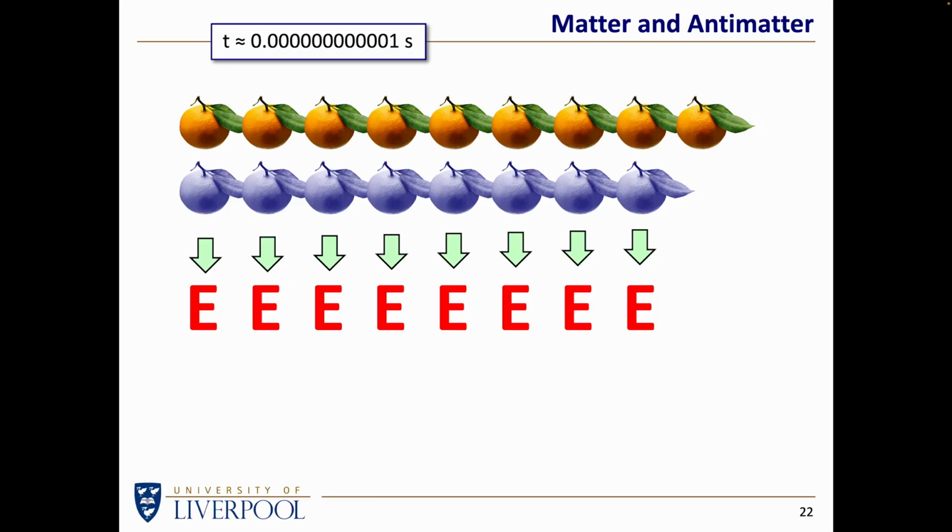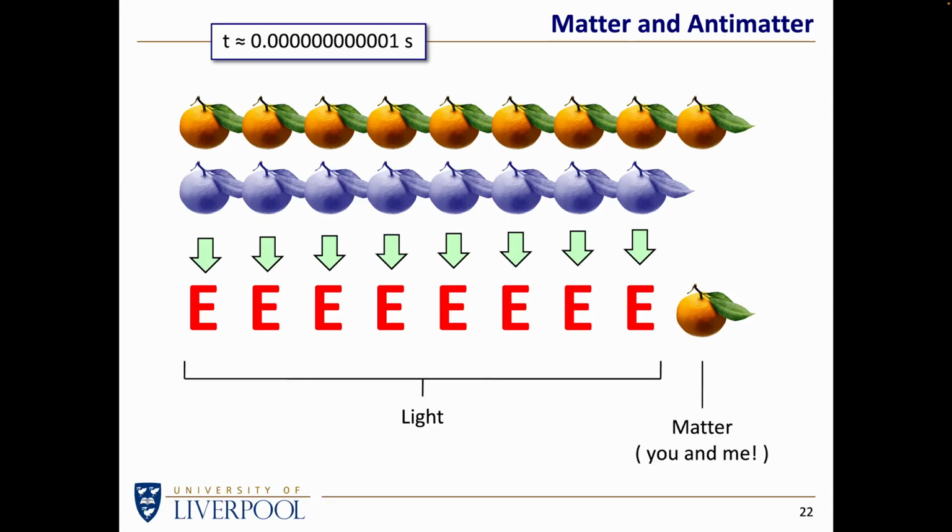It can't pair up with any antimatter because of this imbalance. We're left with a little bit of matter. So we're left with a universe which is full of radiation, or light if you prefer, and a little bit of matter.